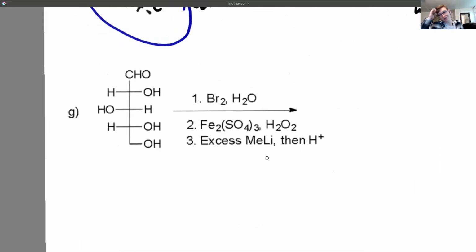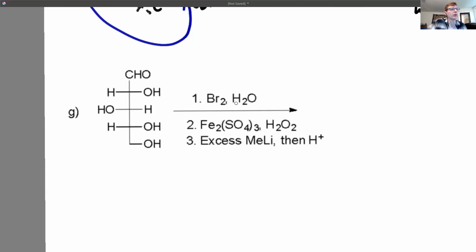Okay. More sugars again. I could see that most of these problems are from the latter end of the course, but it's okay. The ones that I found weren't, so we'll get a balance. Here we have this bromine water.